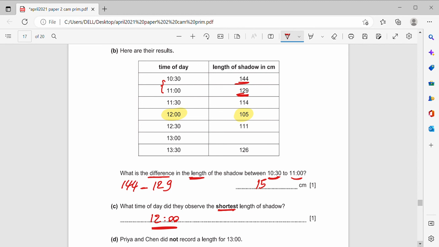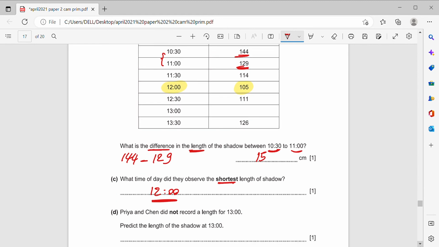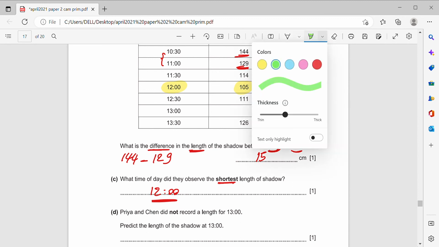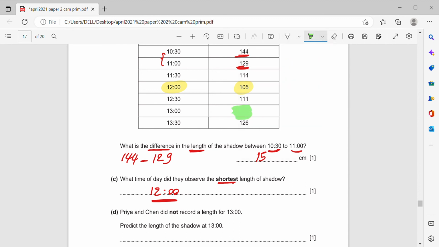Priya and Chan didn't record the length for 13. Predict the length of the shadow at 13. Here we have 12:30, 13, 13:30. They did not write the value here. So predict the value. For example, if I have 114, then 105, 111, at the end it increases.